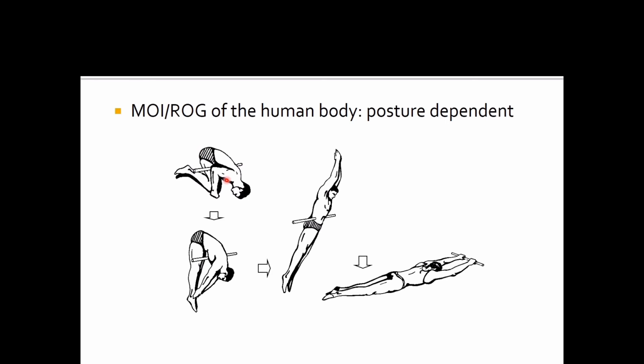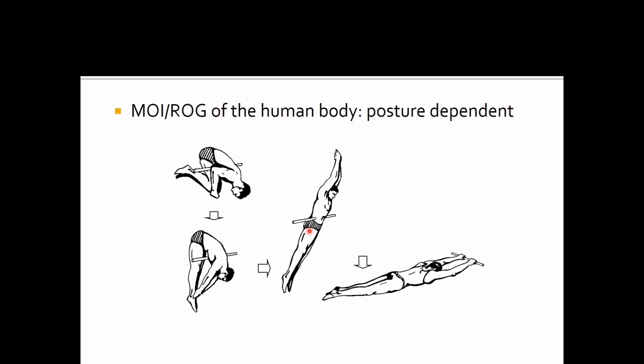And then if he changes his position from the tuck to the pike, he will increase his radius of gyration slightly, which means he can generate a bit larger moment of inertia for this position compared to this position. Same thing for this one. He now extended his body fully, the layout position.